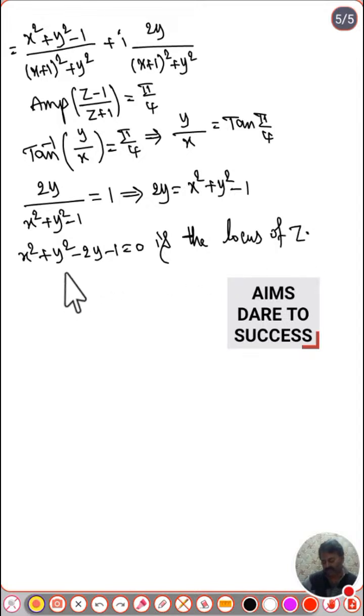This is a circle. x square plus y square plus 2gx plus 2fy plus c equal to 0 is the circle notation, so this represents the equation of a circle.